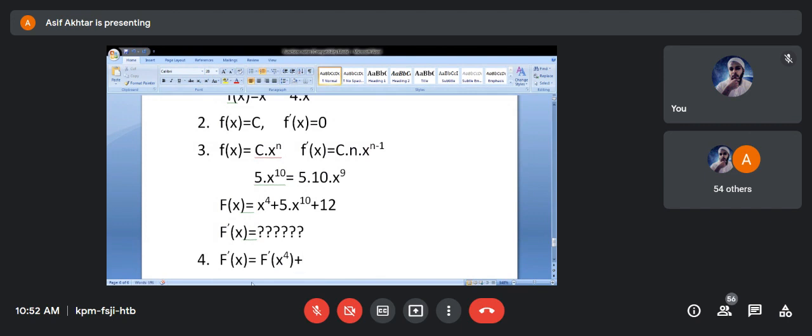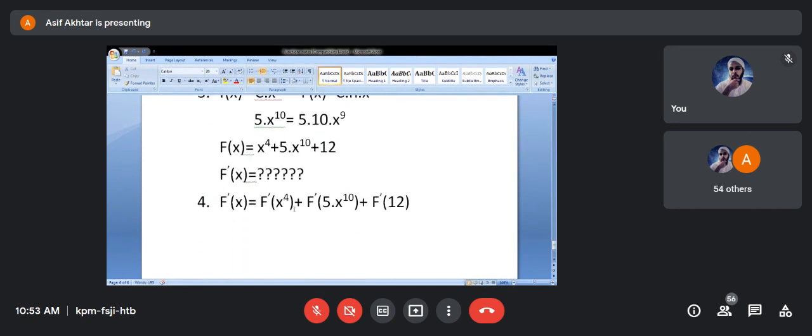This, then we have plus... Correct. Finally, this is what we have: if you want to calculate this derivative, you have to take the derivative of each term separately.